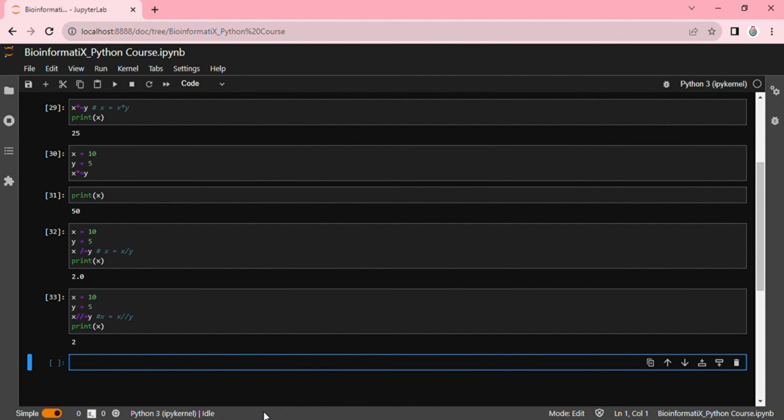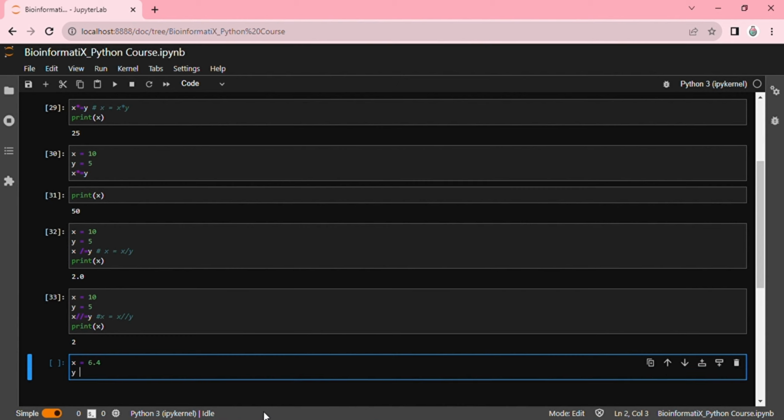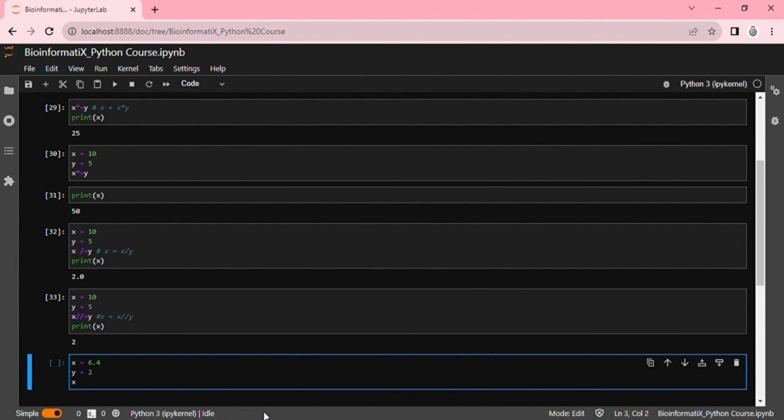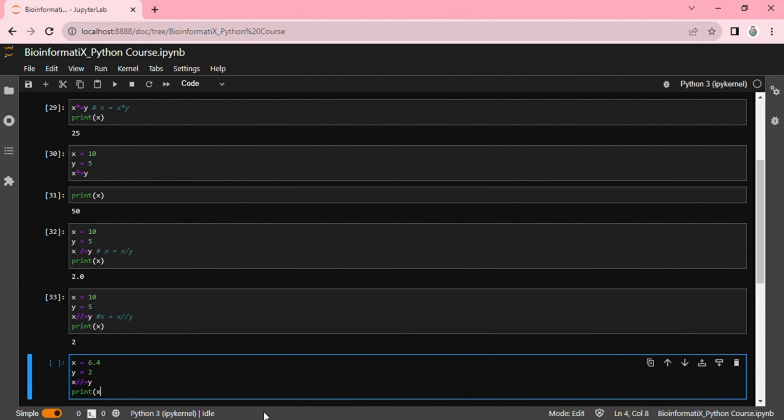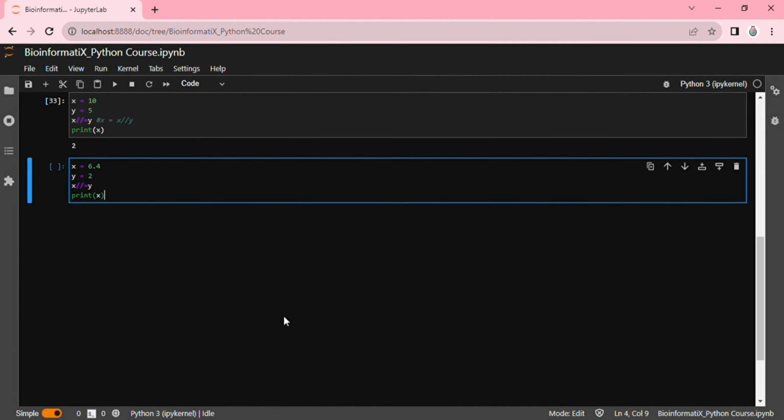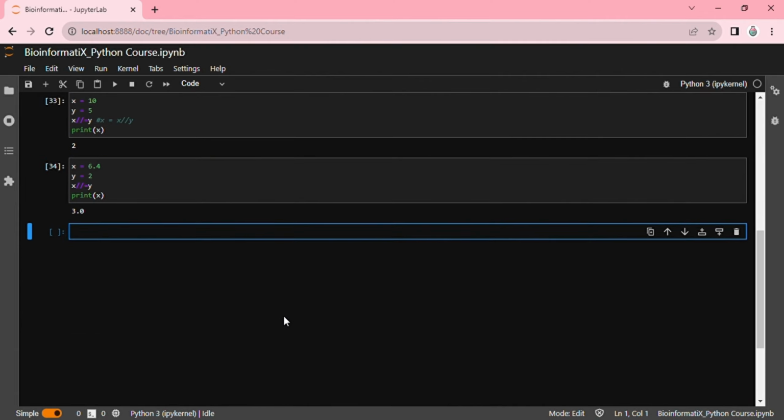Let's do another example in order to understand. For example, when we say x equal 6.4 and y equal 2, then x double slash equal y, and then we print x. In this case, we got 3, although it should be 3.2.